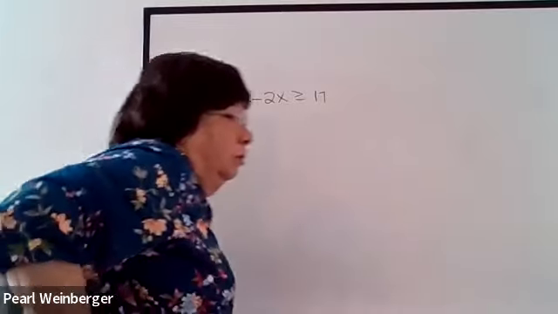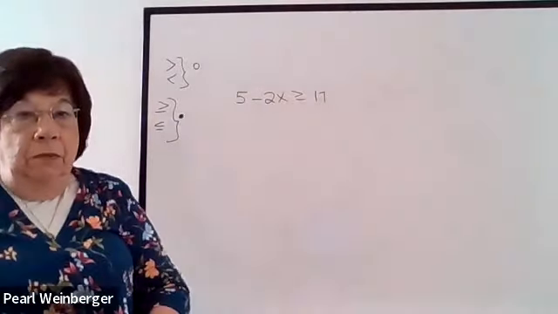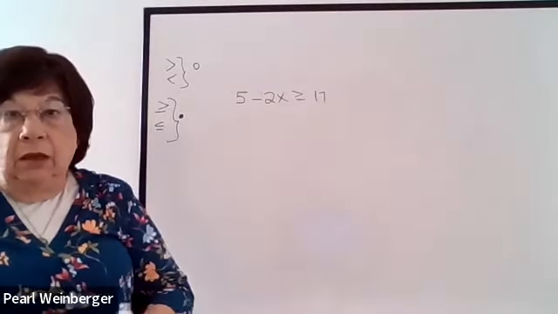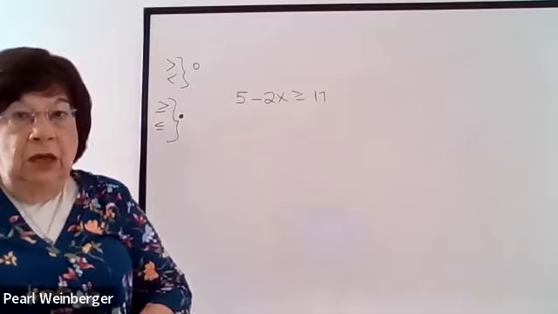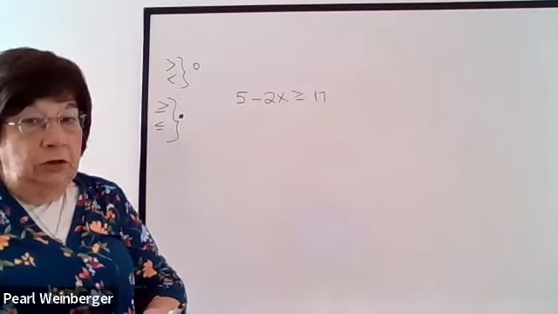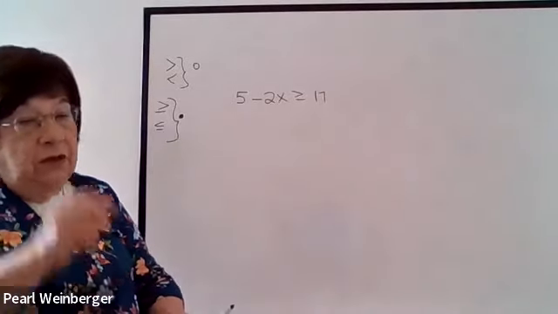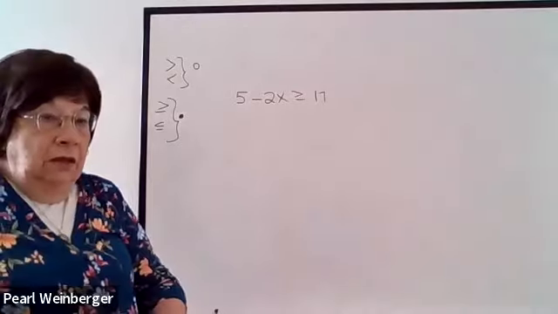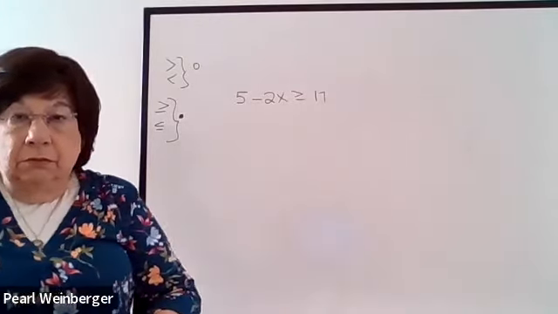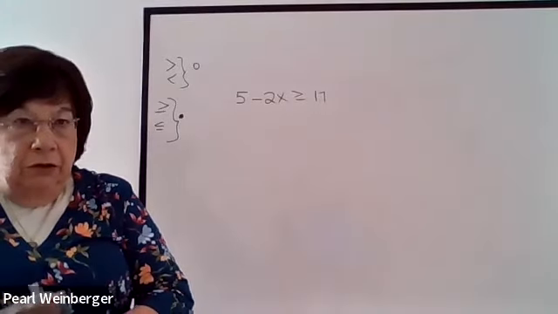Okay, let's see if you could solve that inequality, put the answer on the number line, and also in interval notation. The easiest way to put it on the chat is obviously in interval notation, except if there's an infinity sign, just write INF or something. Okay, I'm giving you a few minutes to try this.